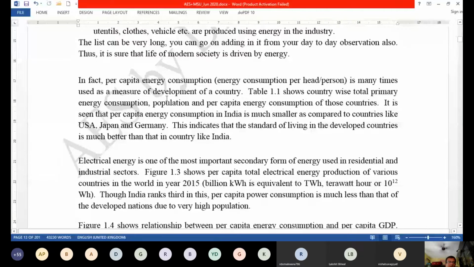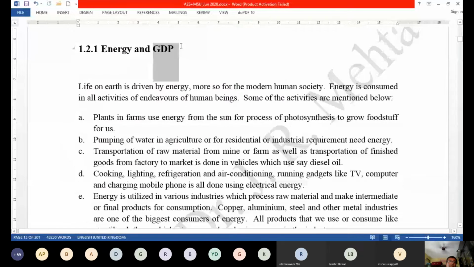Now, in a way, you can say that energy is related with GDP, that is gross domestic product. You must be reading this word again and again, gross domestic product. So that's the value of the total product and services that are produced, and normally it is given per year. You must be hearing these words that the GDP of India is going to grow at 7% or 8% now.